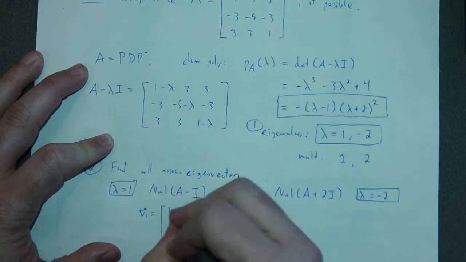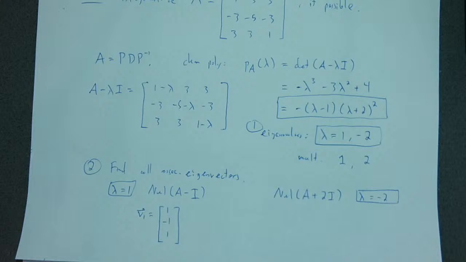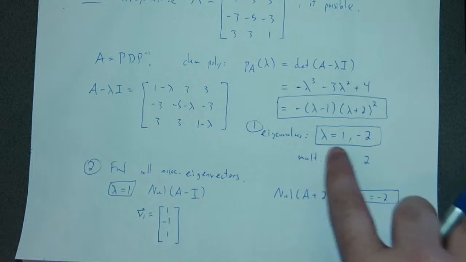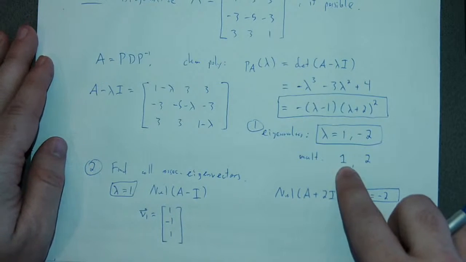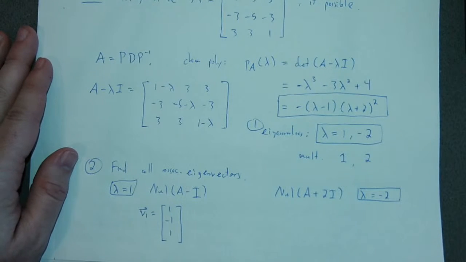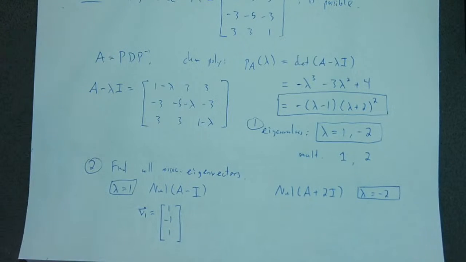It is the single vector 1, minus 1, 1. I'll say that when you have a simple eigenvalue, which is an eigenvalue that has multiplicity 1, you know that the dimension of the eigenspace is 1.